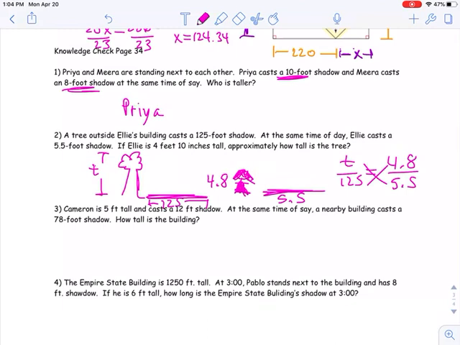But if you plug this into your calculator and do all the calculations correctly, which I did not do at first, the tree is going to be 109.8. Again, just cross multiply and solve.